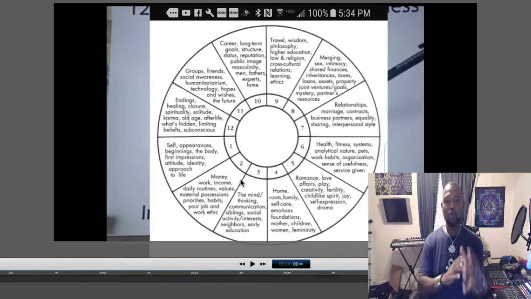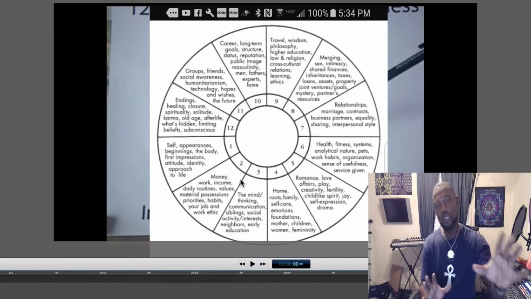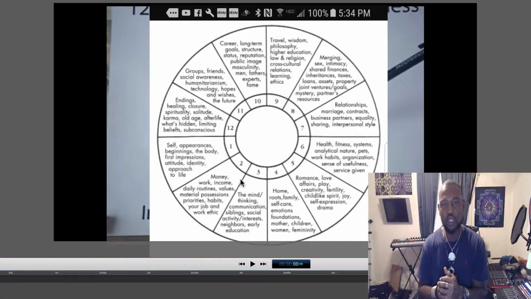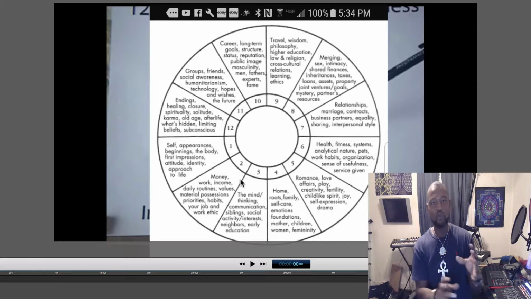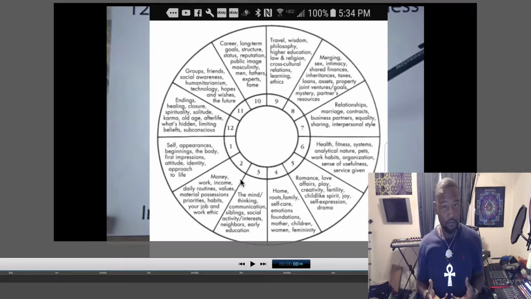This is talking about the 12 houses. So this is going back in line with the zodiac and showing you some of the characteristics and how the zodiacs or these animals or these tendencies or these instincts, how they affect us.